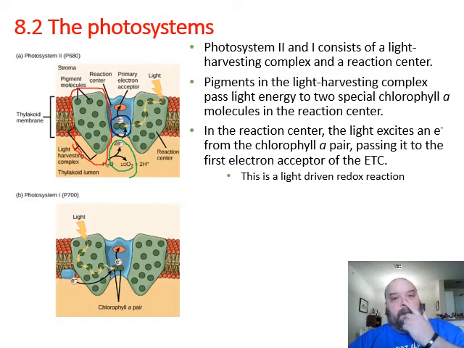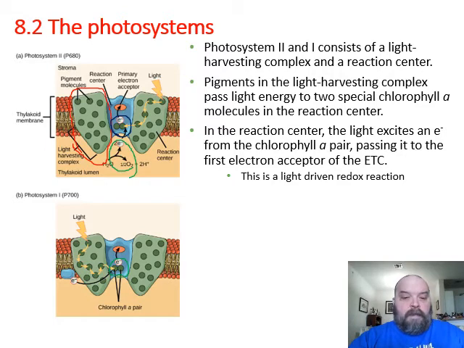The electron that was excited, harvested by photosystem 2, gets passed on to an electron transport chain where energy gets bled off, little bits taken off to pump hydrogen. That electron's now at a lower energy state. Well, it gets passed on to chlorophyll B, P700 right here.